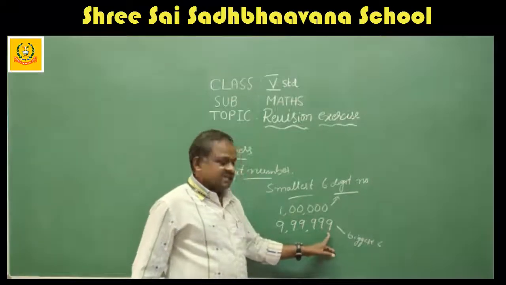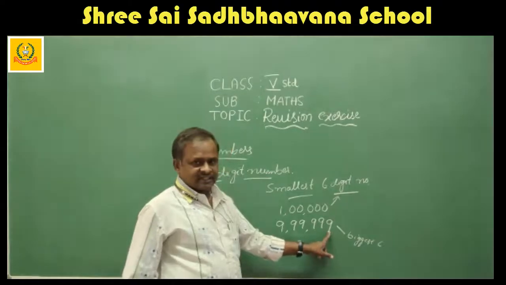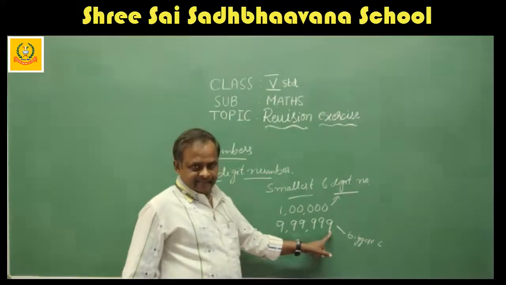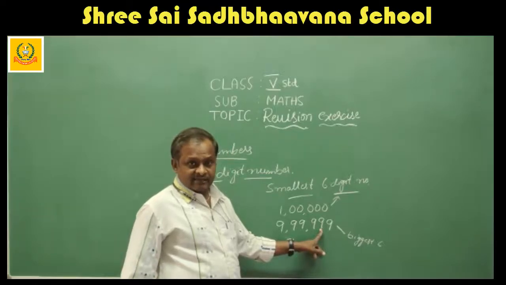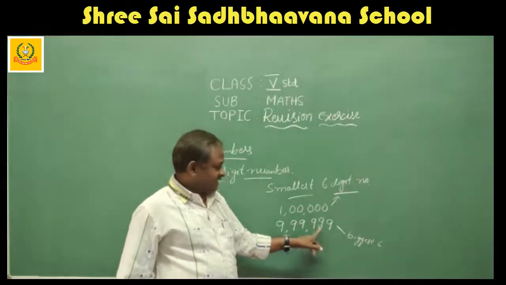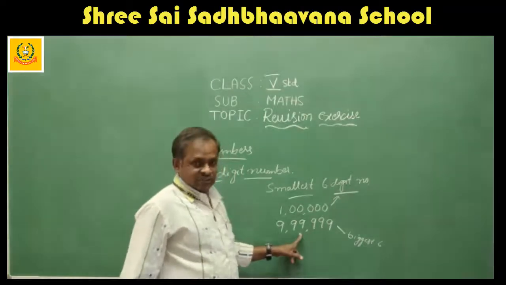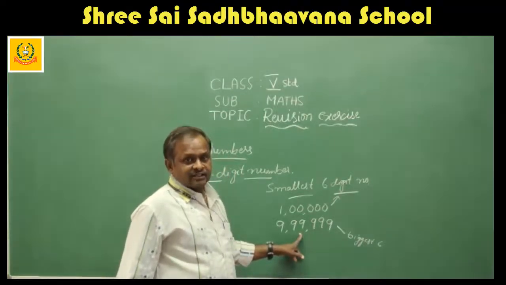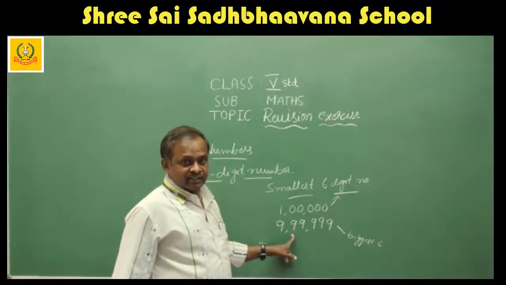Now, what is the place value of this 9? The place value of this one is unit, that is 9. When you come to this 9, tens place, the place value is 90. Here 900, that is hundreds place. This is thousands place, so 9,000. This is 10,000 place, so 90,000.